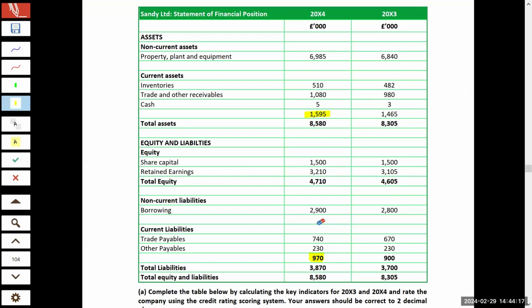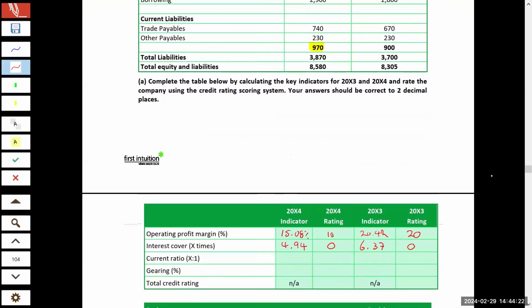So simply 1,595 divided by 970. Let's do that. 1,595 divided by 970 gives us a total of 1.64.